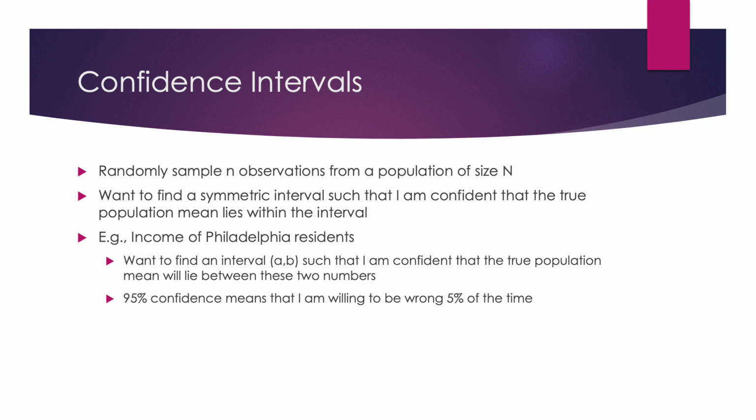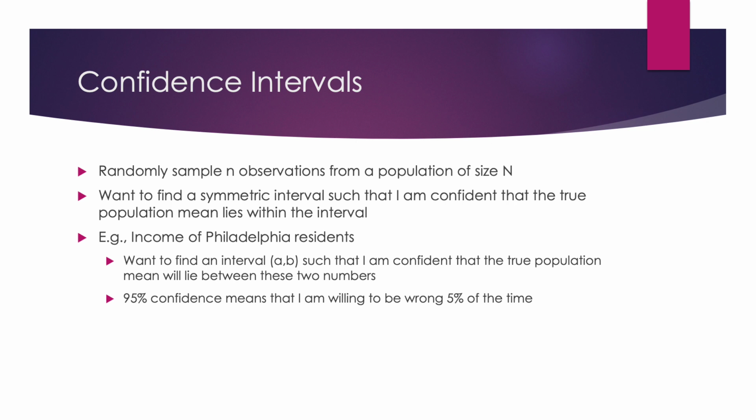So we have some data, and we've randomly sampled n observations from a population of size n. I want to find a symmetric interval such that I'm confident that the true population mean lies within that interval, between those two numbers. So for example, how about the income of Philadelphia residents?